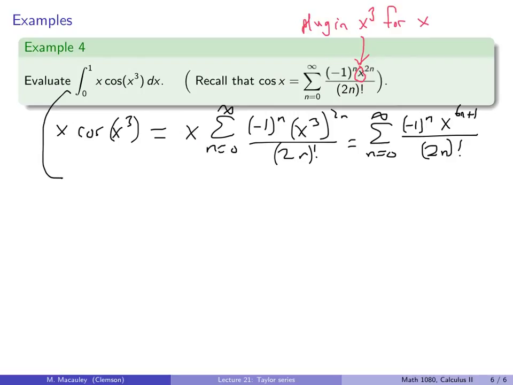So this integral is the integral of the sum from n equals 0 to infinity of negative 1 to the n, x to the 6n plus 1 over 2n factorial. Now, this thing is an infinite series, so we're integrating this as an infinite polynomial, so we can bring the integral inside and integrate each thing term by term.